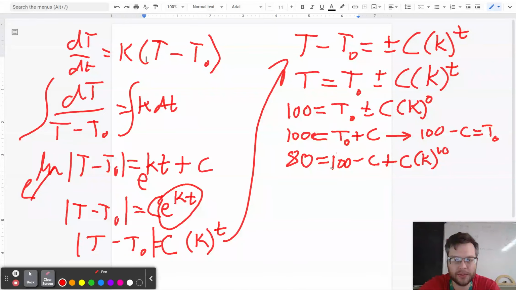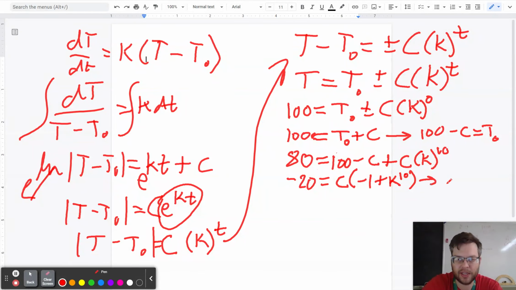I'm going to solve for the letter C, so I'll subtract 100. So I have negative 20, and I'll factor out a C times negative 1 plus k to the 10th. And so then now I know that C is negative 20 over negative 1 plus k to the 10th.